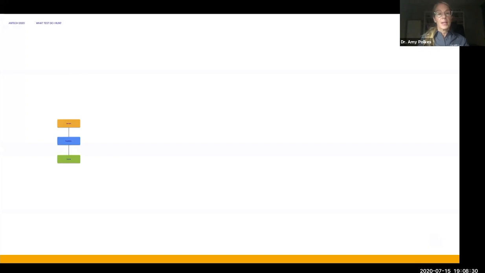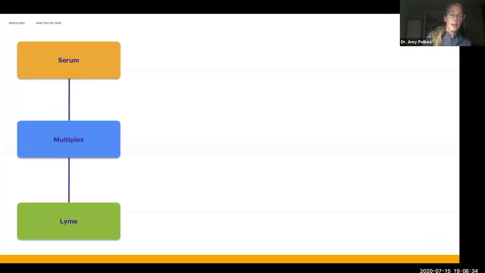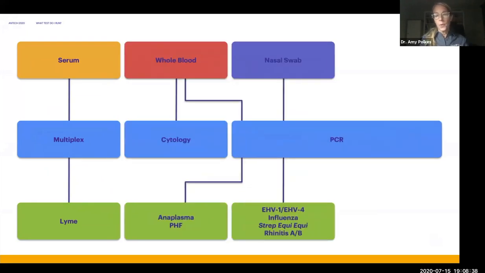So back to my little pictogram here. Serum is the multiplex for Lyme. If you're going to pull whole blood for anaplasma, either cytology, blood smear. You can always make your own blood smear, but most labs are going to make a smear. And then PCR for anaplasma or Potomac horse fever, and then the nasal swab PCR for the respiratory viruses.